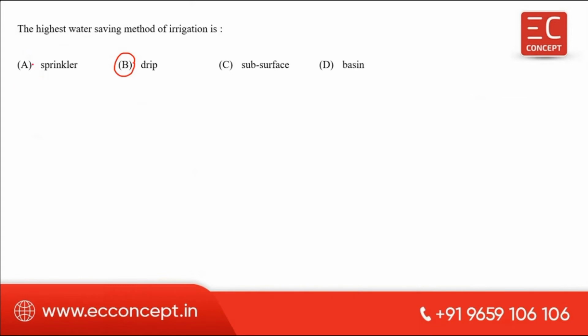I have taught sprinkler irrigation in the 2012 examination solved question paper, so there you have to see this. Drip irrigation means we are directly letting water to the root of the plants, so the water loss is very less. So this is the most efficient method. Subsurface, basin, so this is the general classification of the irrigation methods.